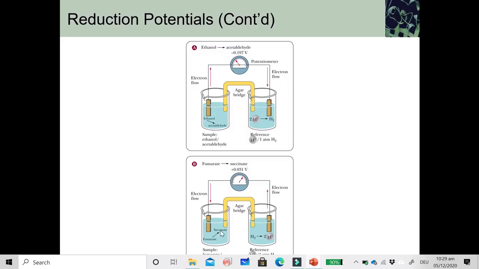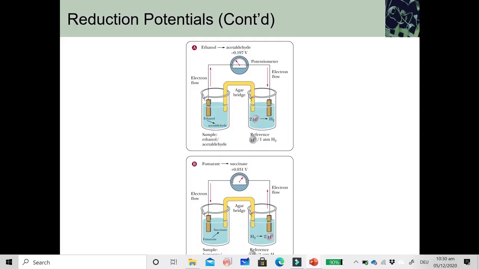half cell is paired with the hydrogen ion hydrogen gas half cell, the fumarate to succinate has a positive reduction potential, which means that fumarate is preferentially reduced into succinate when it is paired with hydrogen ion hydrogen gas half cell.